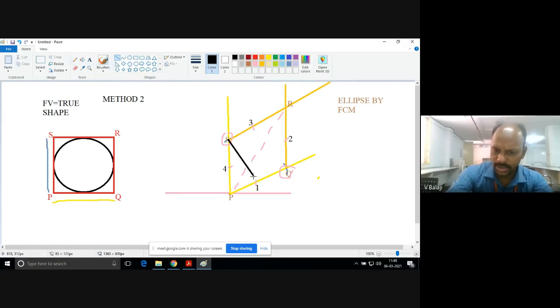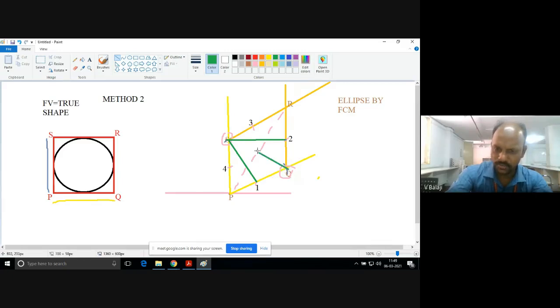Join S to 1, and S to 2, so you join the S point to the opposite side midpoints.